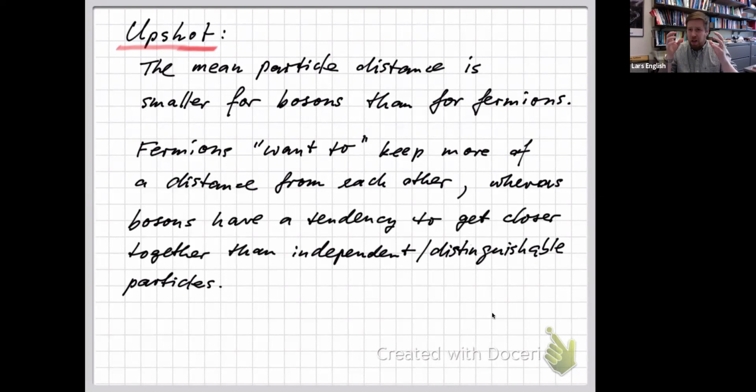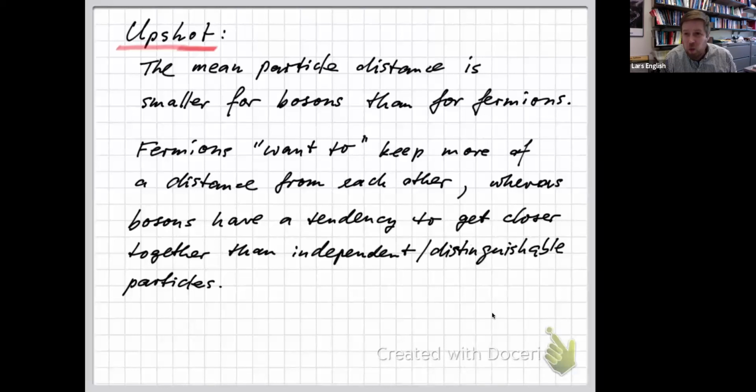So whereas bosons sort of crowd together more, fermions like to keep more of a distance from one another. So we get a sort of a hint of the Pauli exclusion principle even here.